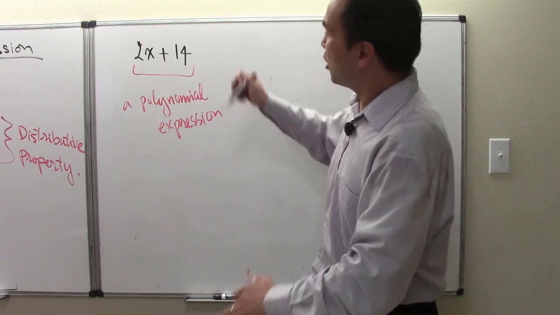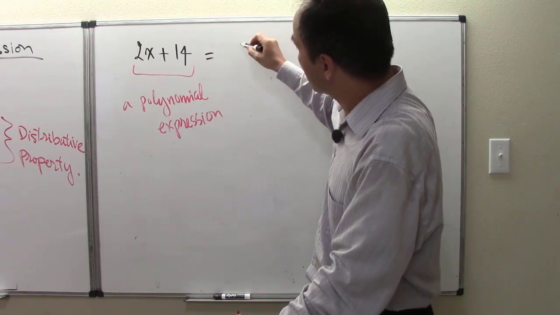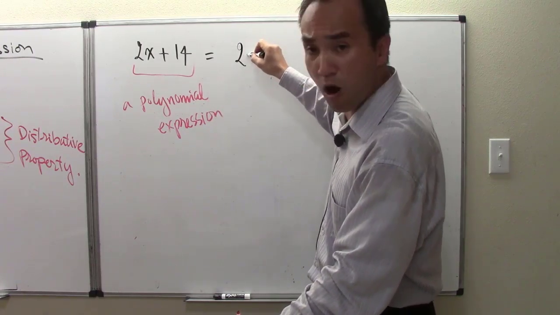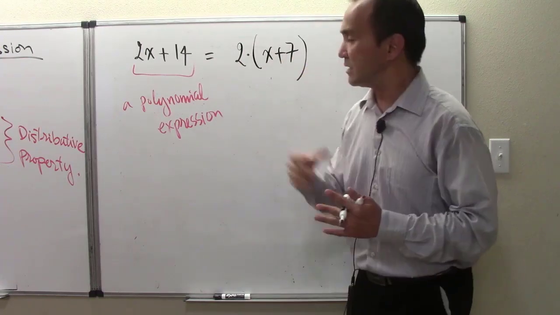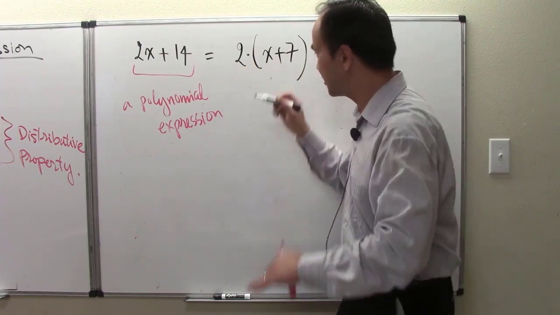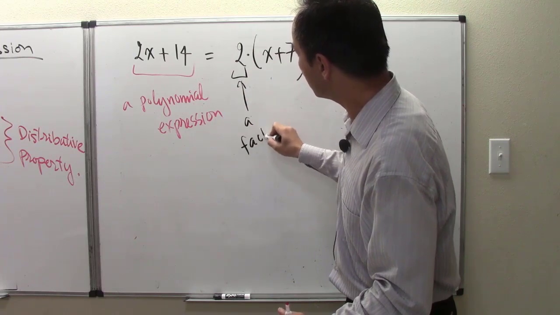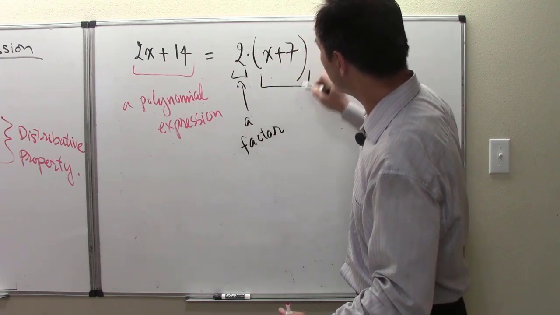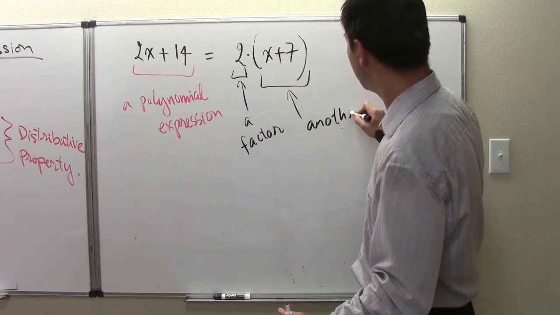So this polynomial expression can be argued to be equal exactly to 2 in product with the sum x plus 7. This is a product between 2 factors. 2 is a factor, and x plus 7 is another factor.